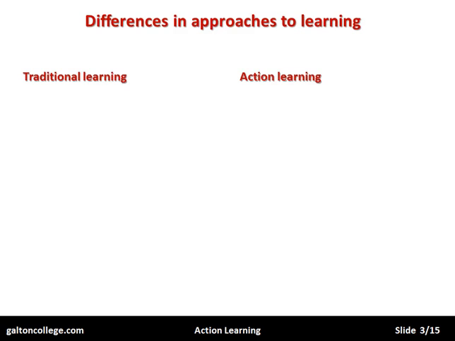On the other side we have action learning. And action learning is, by contrast, we are more involved in the learning. We are more learning by doing, learning by working on the problem ourselves. So there is a big distinction between the two types of learning, and we'll set out some points now to illustrate how these differences can be viewed.